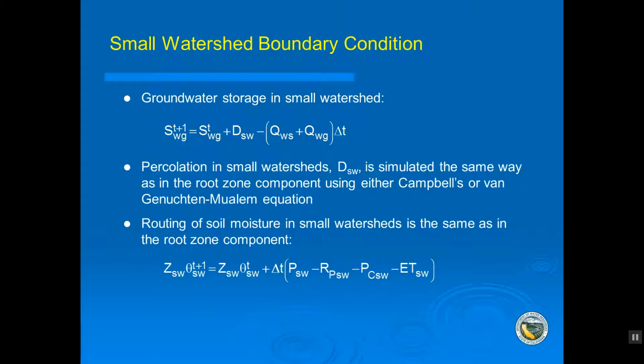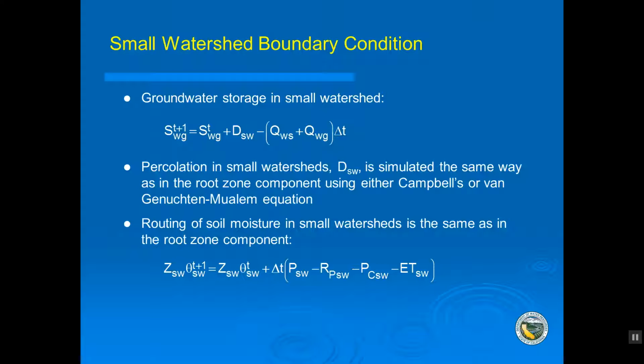And then we put these two terms into the mass balance equation for the small watershed. So we start with the initial groundwater storage in the small watershed. We actually simulate the root zone, just like we do in the real model, the root zone component.